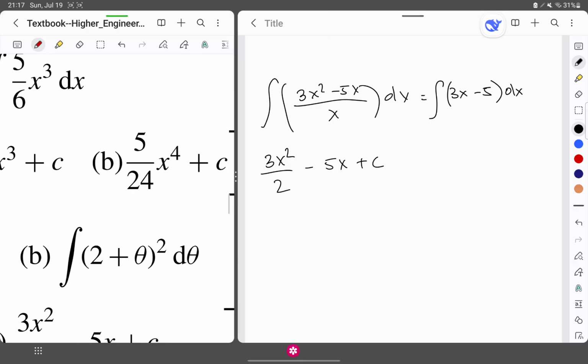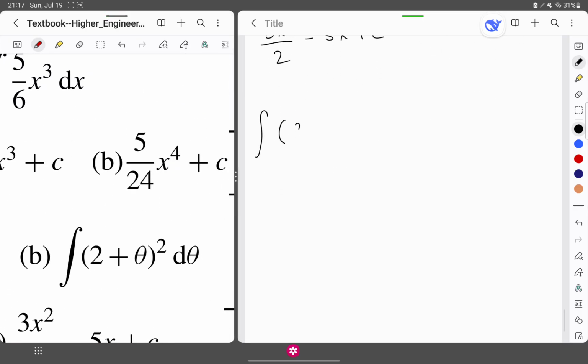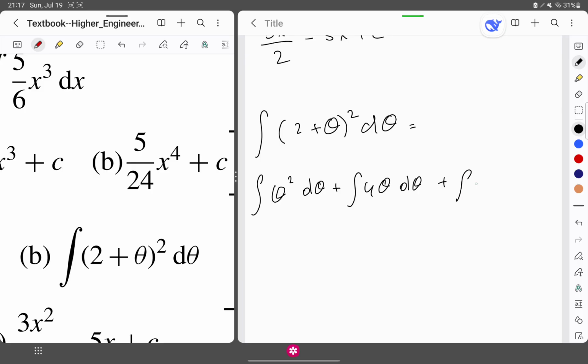What about the other one? 2 plus theta squared d theta. We can simplify it like theta squared d theta plus 4 theta d theta plus the integral of 4 d theta.